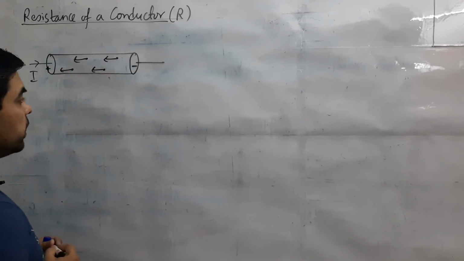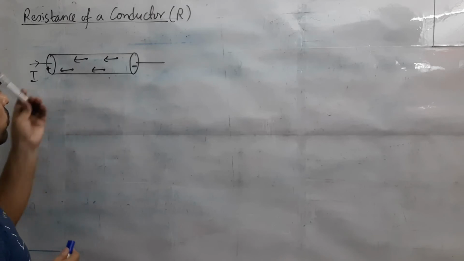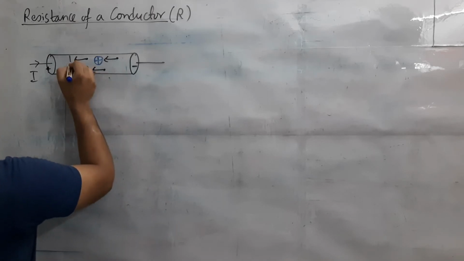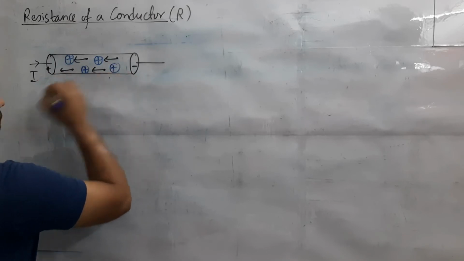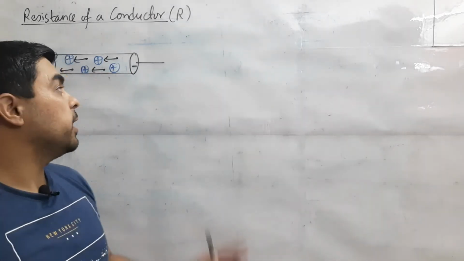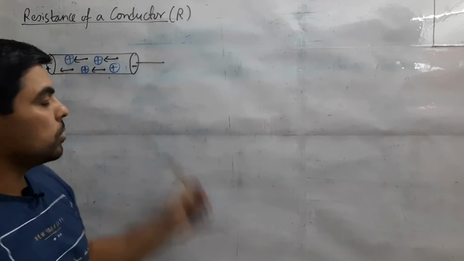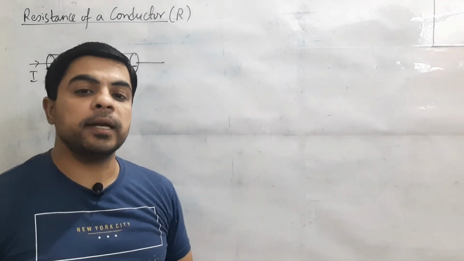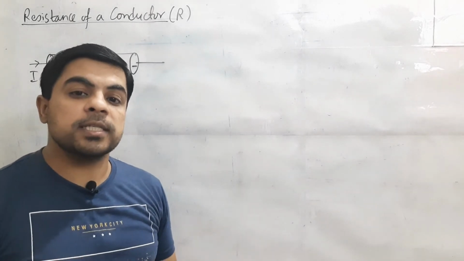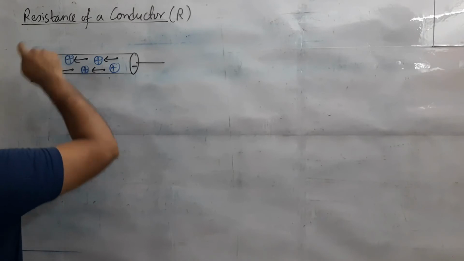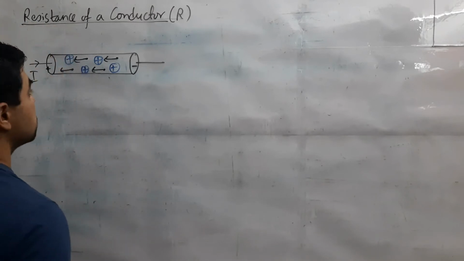But during their path, many positive ions were kept in the path of these electrons, and while passing through these positive ions, electrons observed hindrance, opposition, resist in their motion, and that resist gives the term resistance.